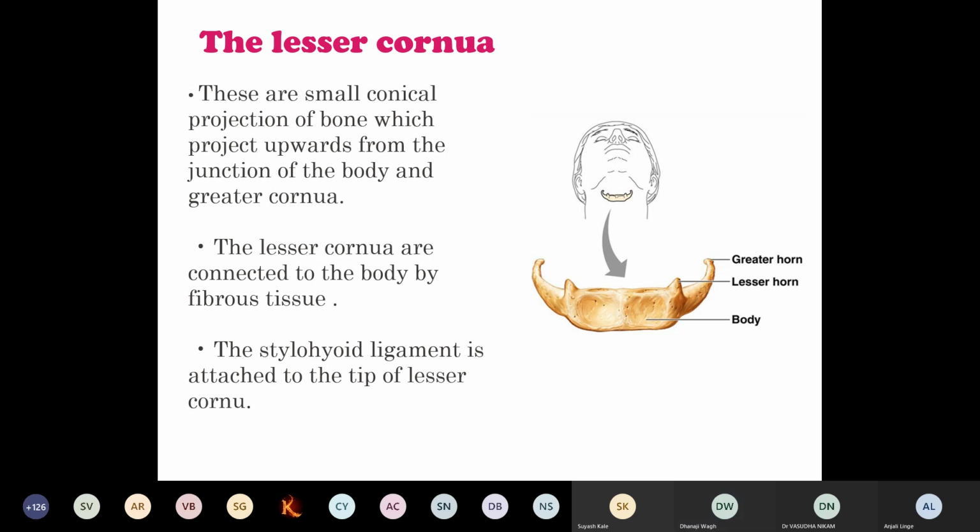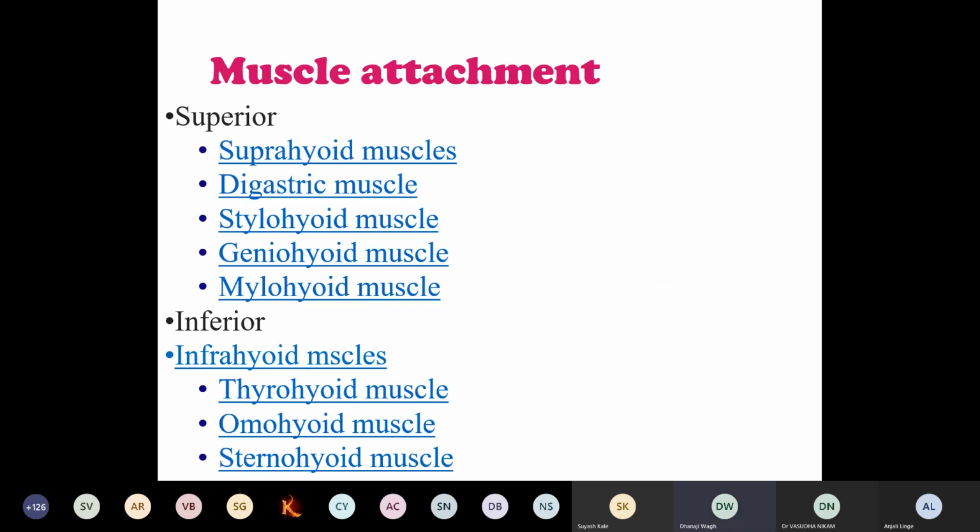Now see the muscle attachments to the hyoid bone. Above the hyoid bone, muscles are present, and below the hyoid bone, muscles are present. The upper group is called the suprahyoid muscles, and the lower group is called the infrahyoid muscles.